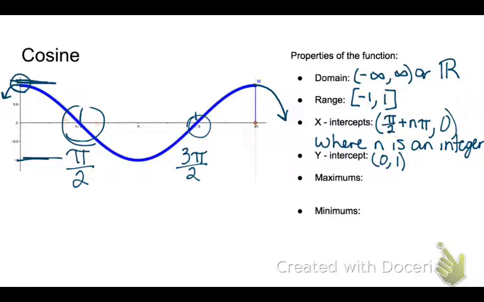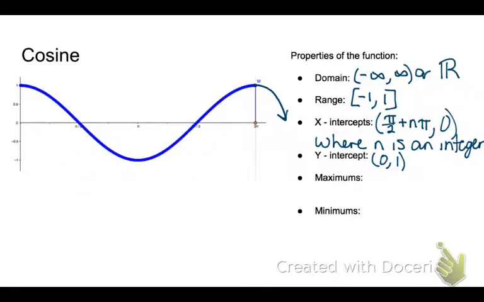The maximums and minimums are something that occur multiple times. Just like how we have multiple x-intercepts, because this function keeps going and going, we also have multiple maximums and minimums. So let's take a look at our maximums first.